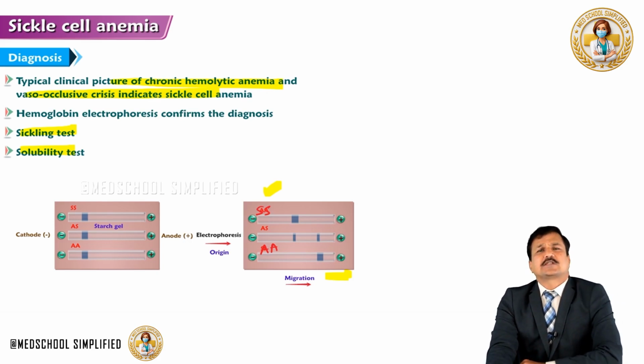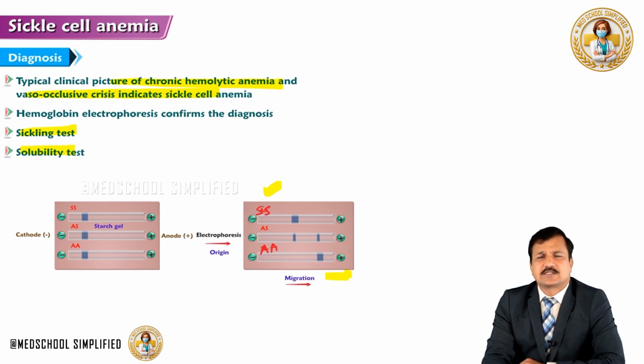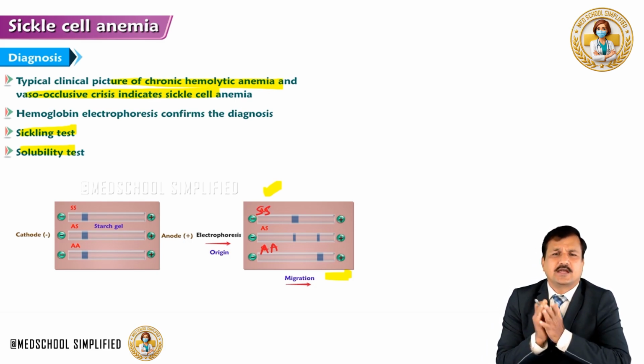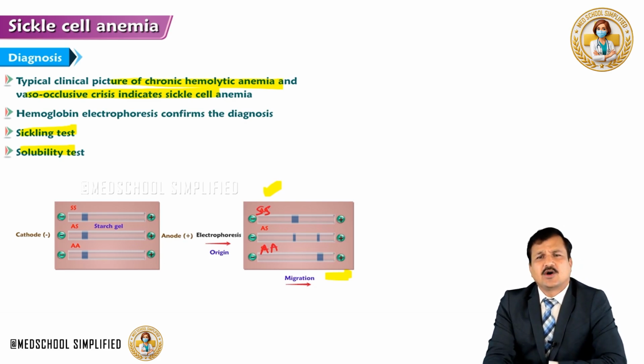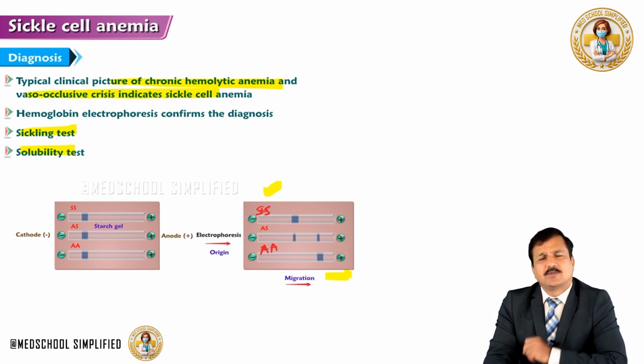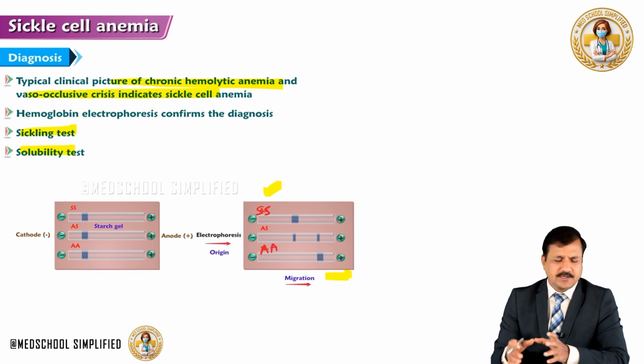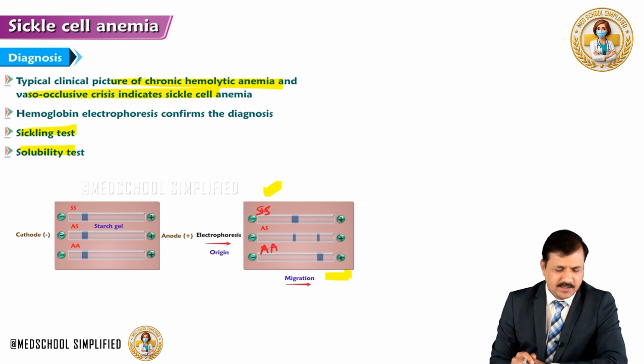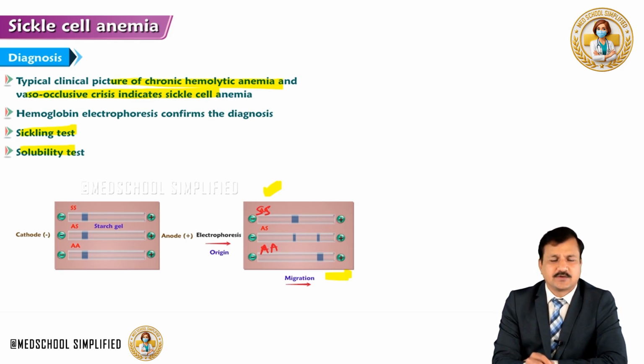In this test, when a sample of hemolyzed red cells is exposed to an anoxic condition by adding again a reducing agent, opalescence is observed, indicating the presence of less soluble deoxyhemoglobin. So these are some of the tests that can be used in the diagnosis of sickle cell anemia. So we have hemoglobin electrophoresis, which confirms the diagnosis. We can do sickling test and also solubility test.